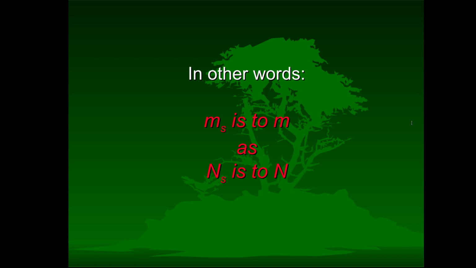So in other words, the number marked in our sample is to the number marked total as the number in our sample is to the total number, if everything is sampled at random. So the sample is a microcosm of the entire population if we sample at random. So the proportion marked in the sample is assumed to be the same as the proportion marked in the entire population.